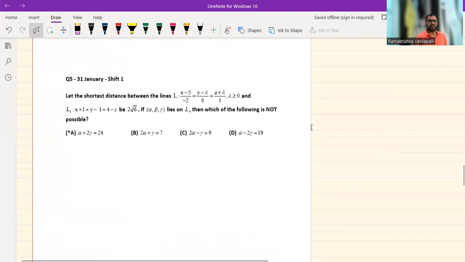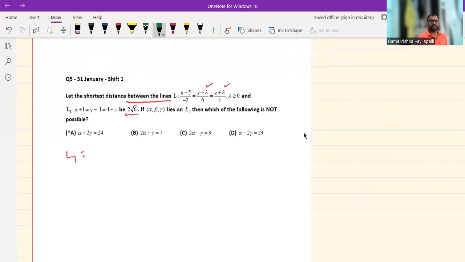There is another question. Let the shortest distance between the lines L and L1 be 2 root 6. So they have given again the shortest distance, and somewhere they kept a parameter lambda. If alpha, beta, gamma lies on L1, then which of the following is not possible? So first of all, we have to write that second line L1 in standard form.